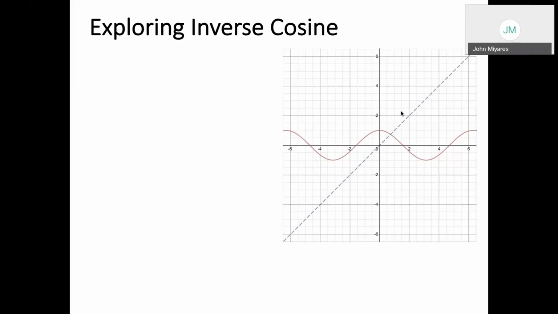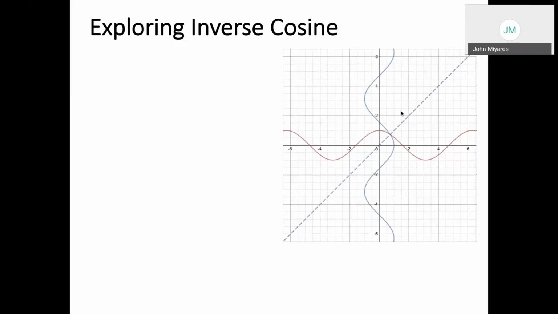Here, I'm going to insert the line y equals x, which will be our eventual line of symmetry for the inverse cosine graph. I forgot to do that with the sine function earlier. So the reflection of the cosine graph over the line y equals x is going to look like this.